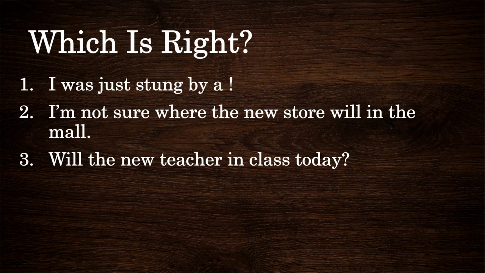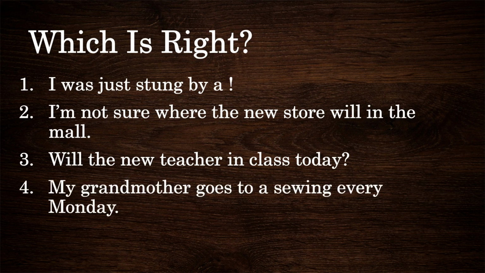Will the new teacher be in class today? Think of the clues hidden in the text about where the teacher will be, and think of your answer. My grandma goes to a sewing bee every Monday. So what bee would make sense in there? Because they are having a gathering.